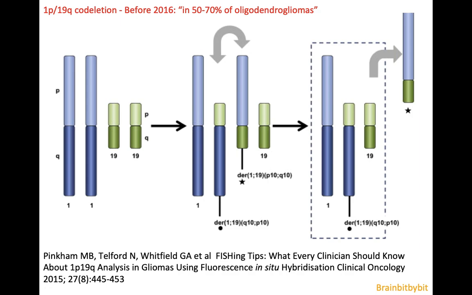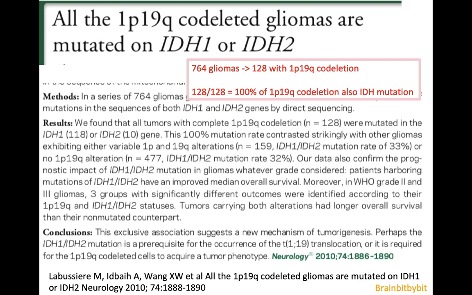And because this codeletion that was a prognostic factor first became part of the definition, it's not a prognostic factor anymore. In 2010, it was described that all gliomas with 1p19q codeletion also have an IDH mutation, so that's also part of the definition.